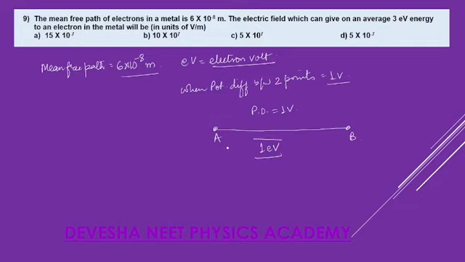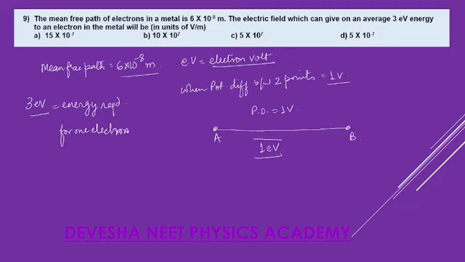Okay, so in this case it is given that the energy required is 3 eV. But this is required for 1 electron.